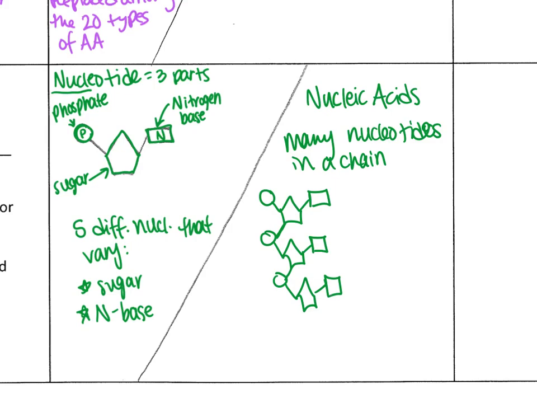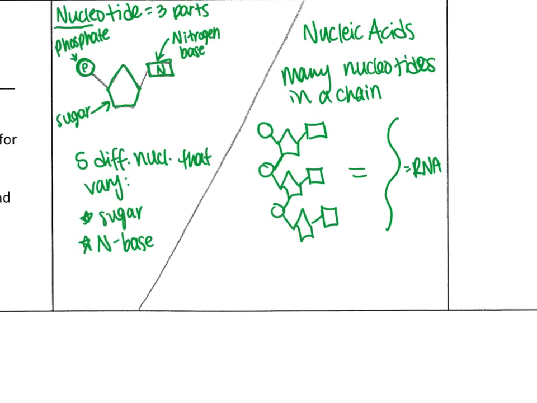Okay, so this is an example of one, if we were to summarize that, that's one chain of nucleotides. That is our RNA nucleic acid, our RNA. If we were to do two of those chains connected together, for example, if we did this times 2, hopefully you recognize that double helix structure as being our DNA shape.